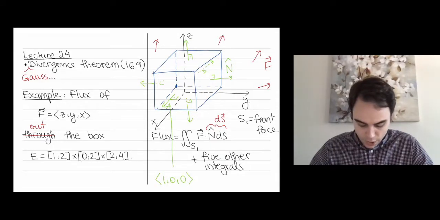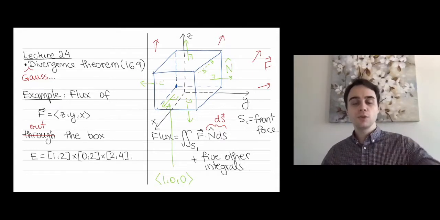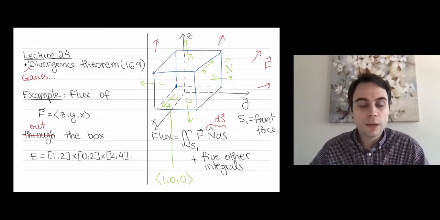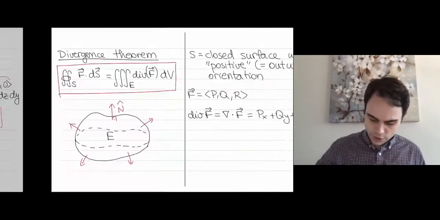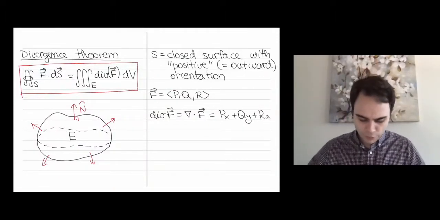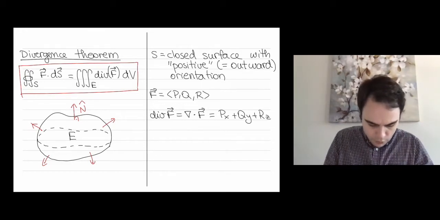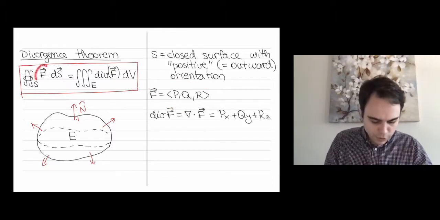But it turns out if we want to compute the flux of a vector field across a closed surface, we can compute it in a different way. Here's the statement, and I prepared the slide for you before the lecture. F is any 3D vector field, and we're doing the double integral of F around a closed surface.